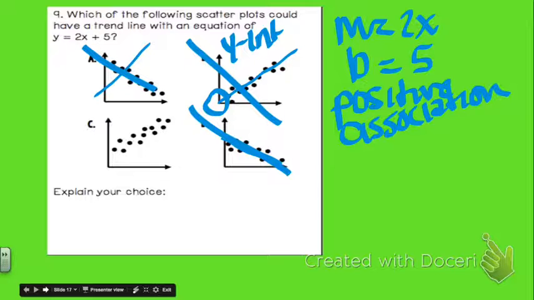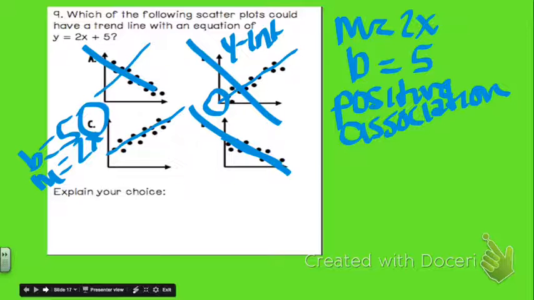So let's just look at C and make sure it's correct. If I draw my line through here, my line is starting well off of the 0, so it is plausible that my y-intercept would be 5, and my points are pretty close together, and they're not making a drastic change. So I could say that it would be close that my slope could be 2.